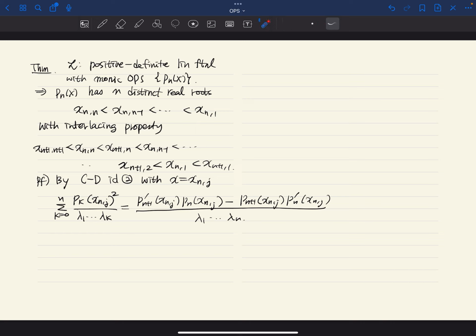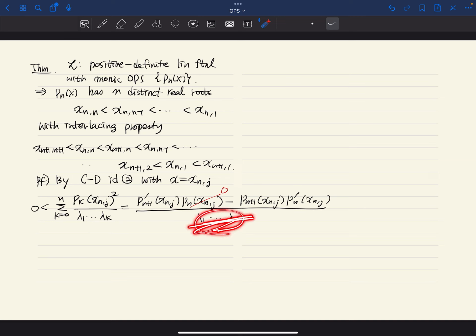But this, what is this? This is a root of P_n. That means if you plug this into P_n(x), it will be 0. This is 0. This is 0. And yes, this is 0. But this is positive, right? This is positive because k_0 is 1, so we have at least a non-zero number there, so it's always positive.